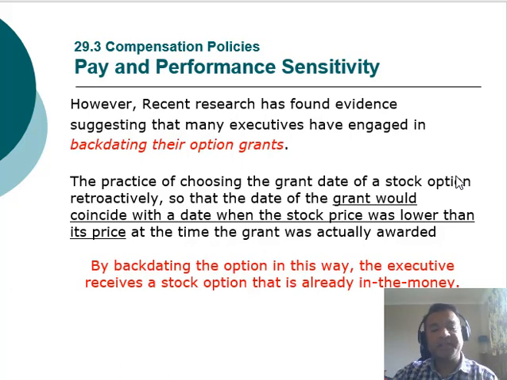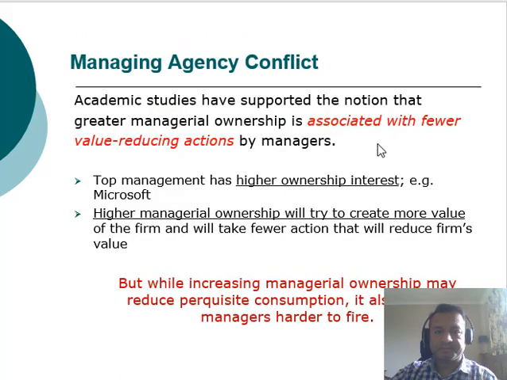By backdating the option in this way, the executive receives a stock option that is already in the money, so they already have a gain. However, backdating is illegal, though it is widely practiced.